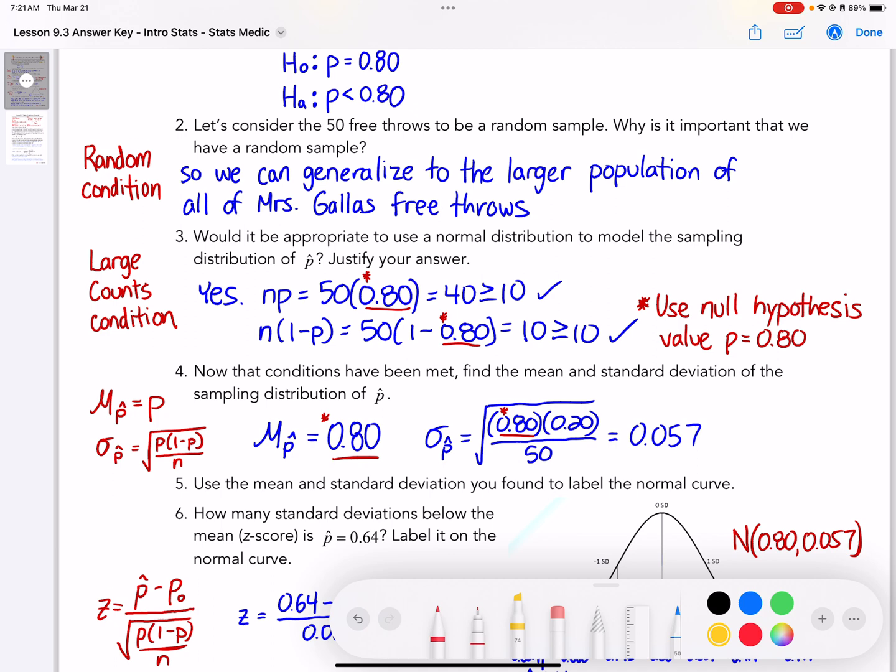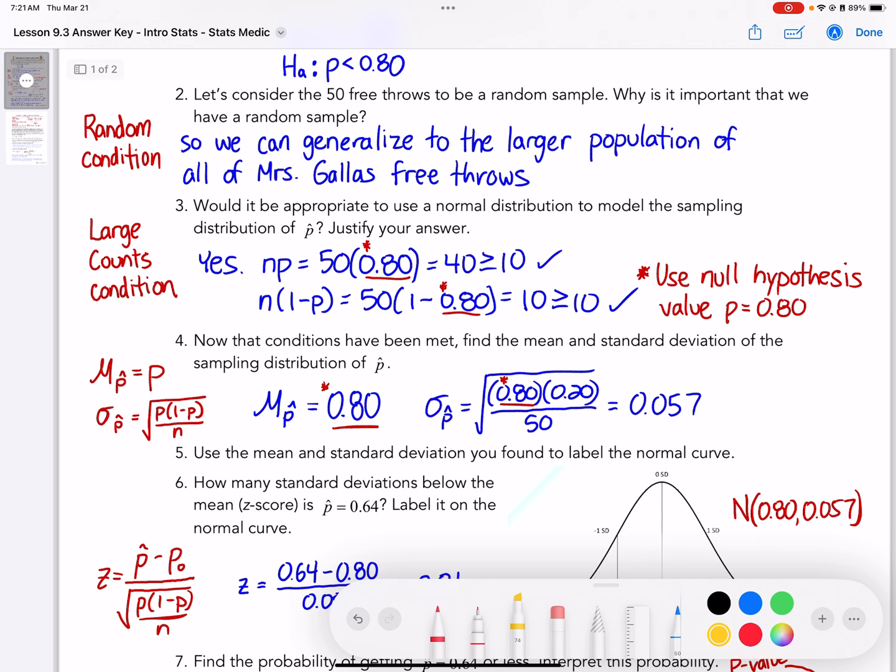The large counts condition is the second thing, and that allows me to use a normal model with a standard deviation of this. If you remember from last unit, large counts means I have successes and failures to talk about. I take the number of shots and the percentage of makes, and I get how many successes I got, which is 40 successes.